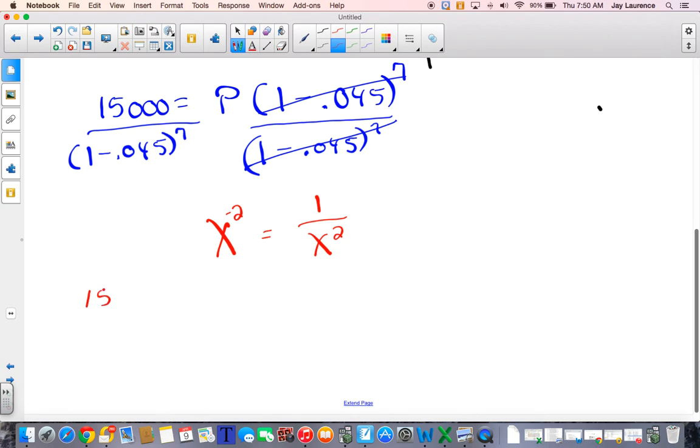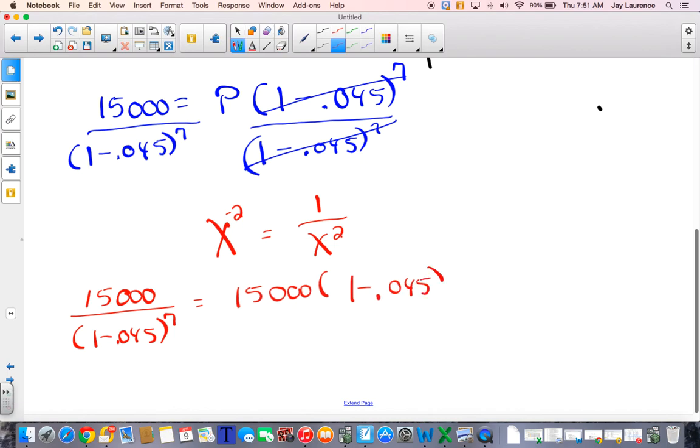I've got 15,000 divided by 1 minus 0.045 to the 7th power. If I wanted to move this quantity up, wouldn't that have to become 15,000 times 1 minus 0.045 to the negative 7th power, right? Remember moving our exponents, manipulating them that way? There you go. I don't care which way you do it.